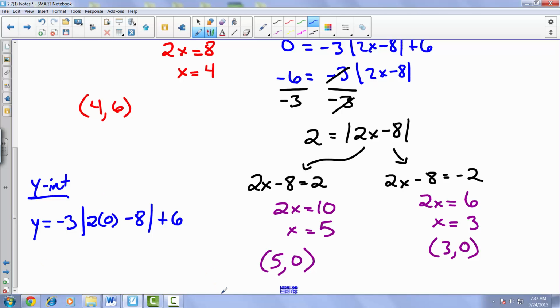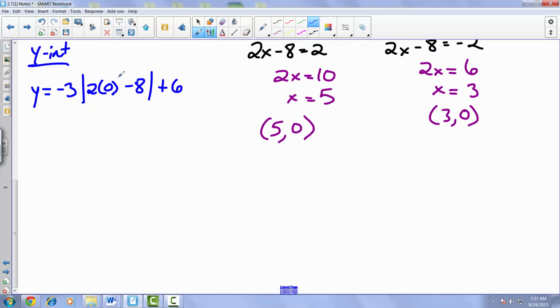Going ahead and simplifying this, we end up then with 2 times 0 is 0 minus 8. We end up with -8 inside of our absolute value, plus 6. Absolute value of negative 8 comes out to be positive 8 plus 6.